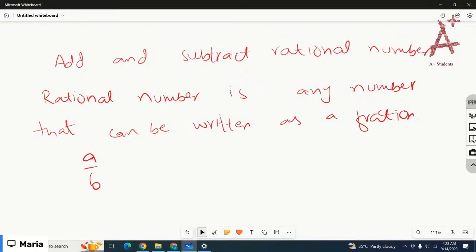So you have to see how we add or subtract rational numbers, right? Let's do some examples related to adding and subtracting rational numbers.